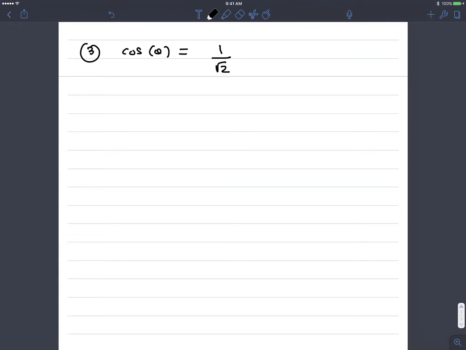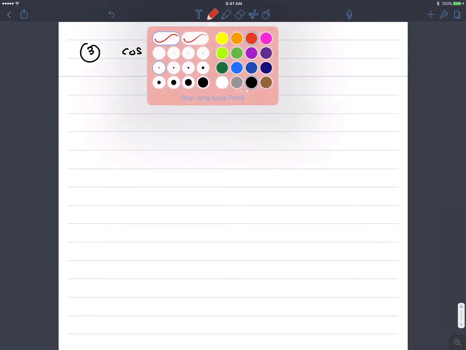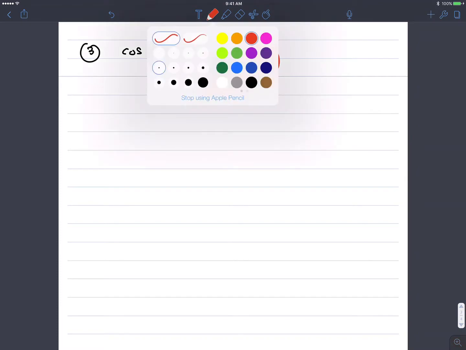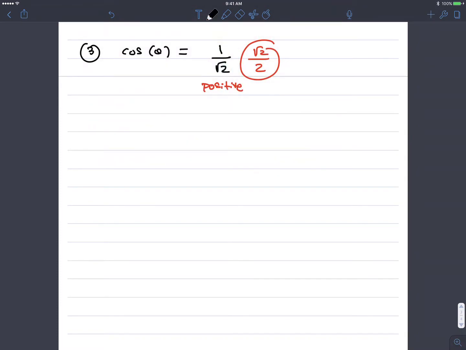Okay? And I know a lot of times you might see this as the square root of 2 over 2 because they just rationalize the denominator. Is that right? Well, I want to point out to you that here cosine is what? It's positive. So I always go to this scheme of, now maybe I can draw it a little better this time. Just take things slower.